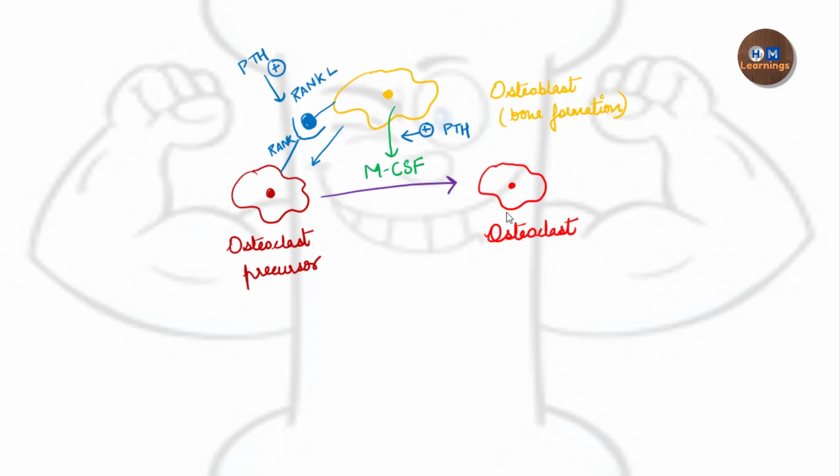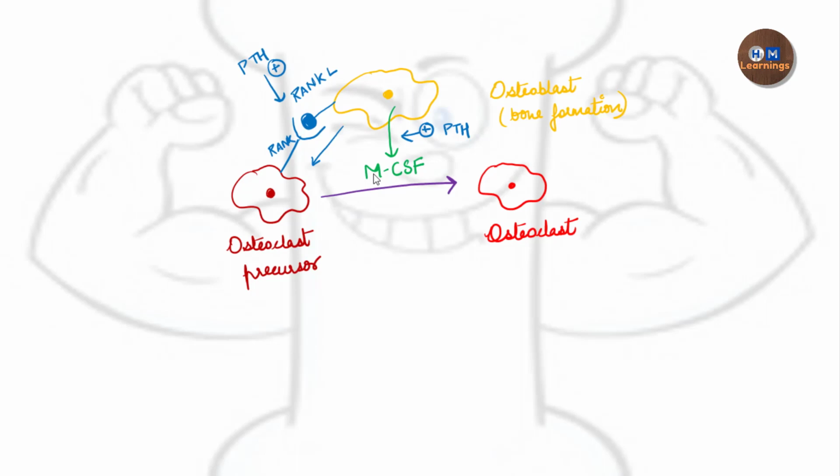So what happens on the action of the parathyroid hormone? The osteoblasts start expressing cytokines which are responsible for the maturation of the osteoclast precursors to form an osteoclast. One of such is the macrophage colony stimulating factor, which is released by the osteoblast, stimulated by the parathyroid hormone, to cause the differentiation of the osteoclast precursor to form the osteoclast.